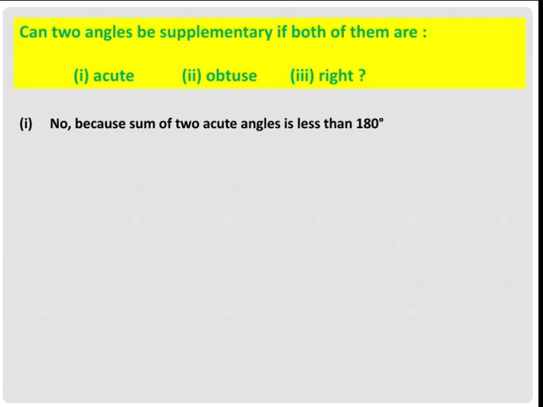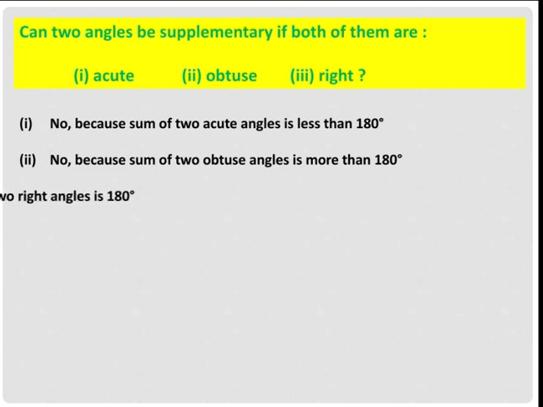If we take both angles acute, then the addition of these two angles is less than 180 degree. For the obtuse, no, because the sum of two obtuse angles is more than 180 degree. For the right, yes, because the sum of two right angles is 180 degree.